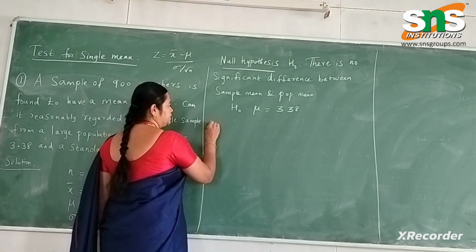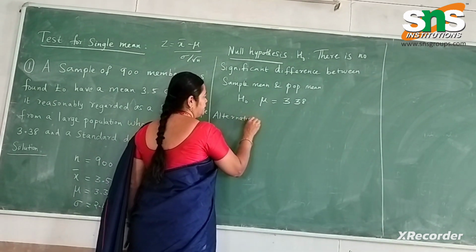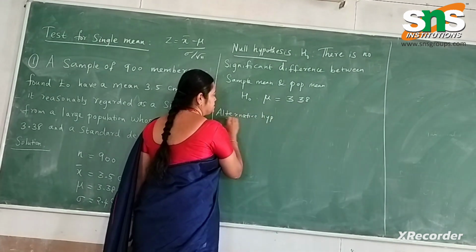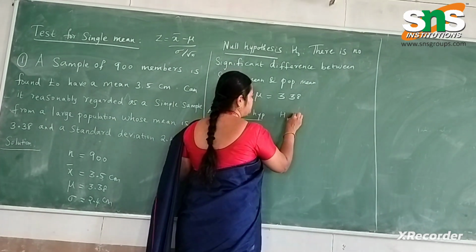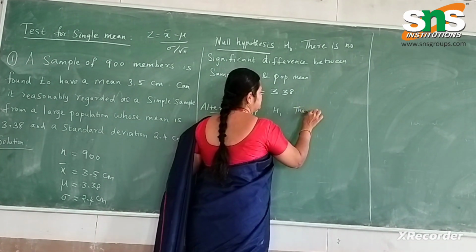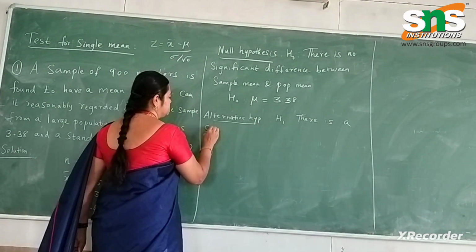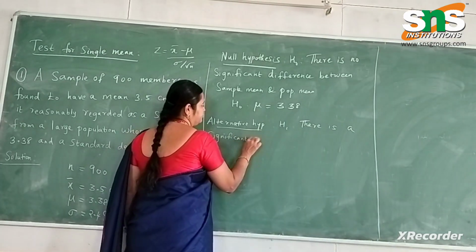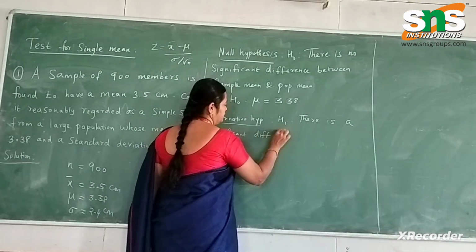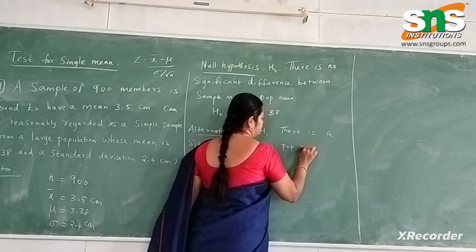Similarly, you have to write the alternative hypothesis for the above statement. So the alternative hypothesis, denoted by H1, is the sentence which is opposite to this, that is, there is a significant difference between population mean and sample mean.